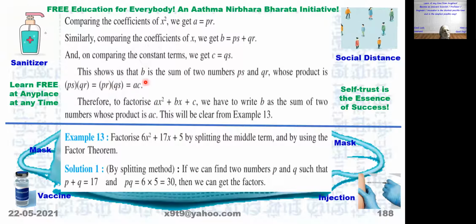This shows that b, the coefficient of the second term in the quadratic polynomial in the standard form ax square plus bx plus c, is the sum of the two numbers ps and qr, whose product is equal to ac. Therefore, for factorizing ax square plus bx plus c, we have to write b as the sum of two numbers whose product is ac. So let us work out a problem to make this point more clear by solving this problem.